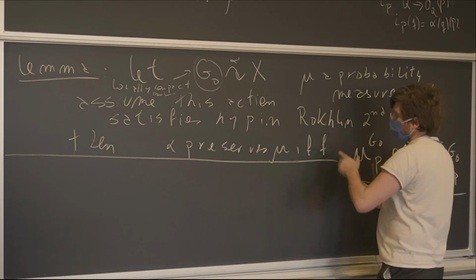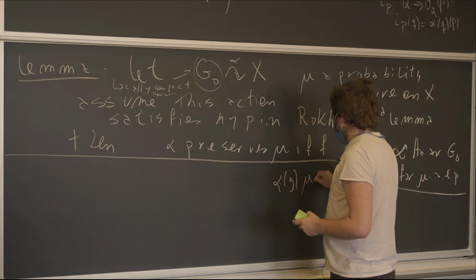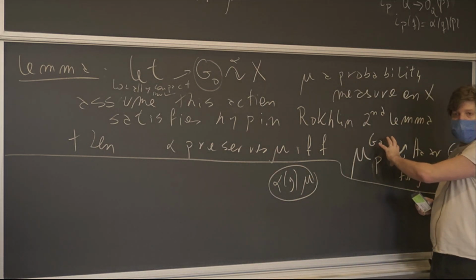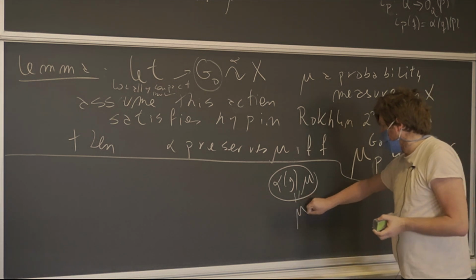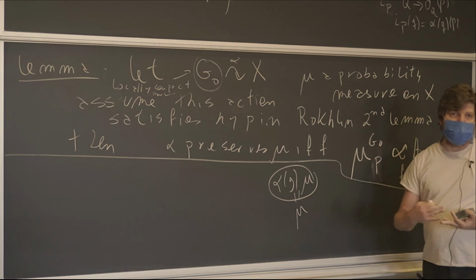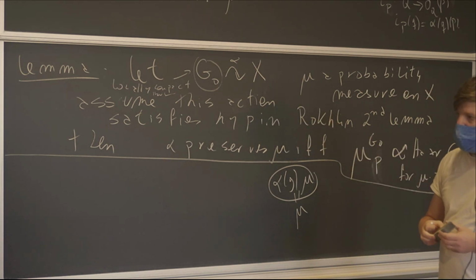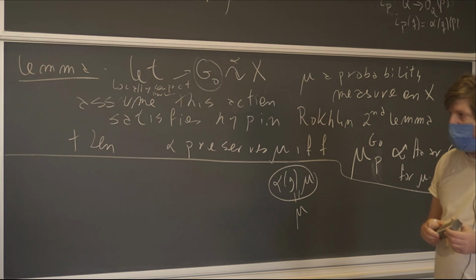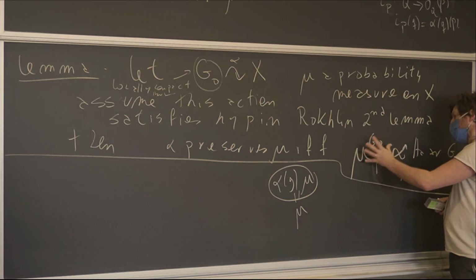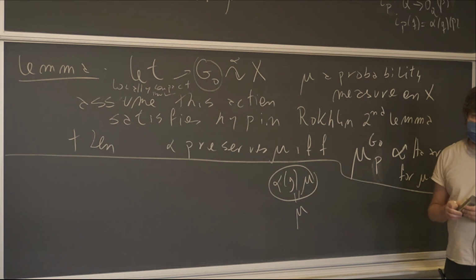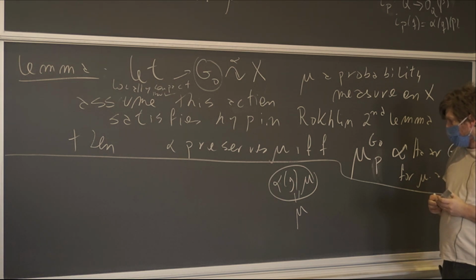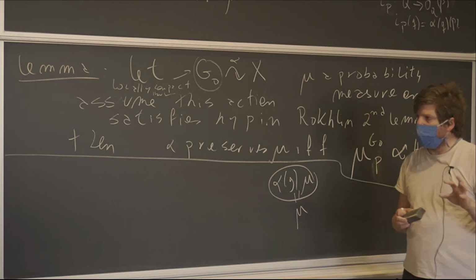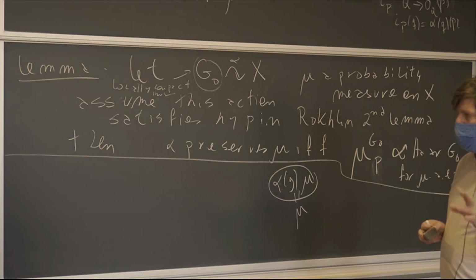Essentially, if I do Rokhlin decomposition for this, the way it affects the conditional measure is by shifting them by the G, but since we know that this is equal to mu, then this will be proportional to the other measure, and a trick, the way I did it last time, will tell you that, well, they will not be invariant by translation, but will be proportional to the other, and that should do the job. Maybe I will go back later, if I have time today, to this proportionality issue.